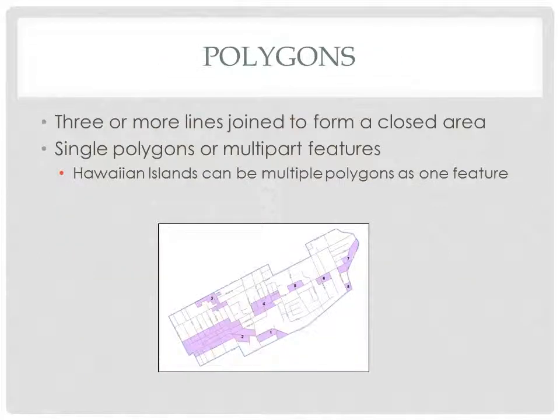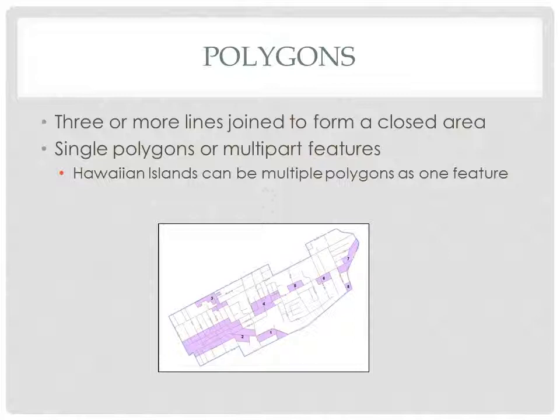Polygons are formed from 3 or more lines that are joined to form a closed area. And there are 2 different ways that polygons may be formed. They may be single polygons, for example, Lake County, Ohio, or multi-part feature polygons. Polygons with multiple parts, for example, would be the Hawaiian Islands. So you might want to create a map of the United States, and it has one recognized polygon for each state.